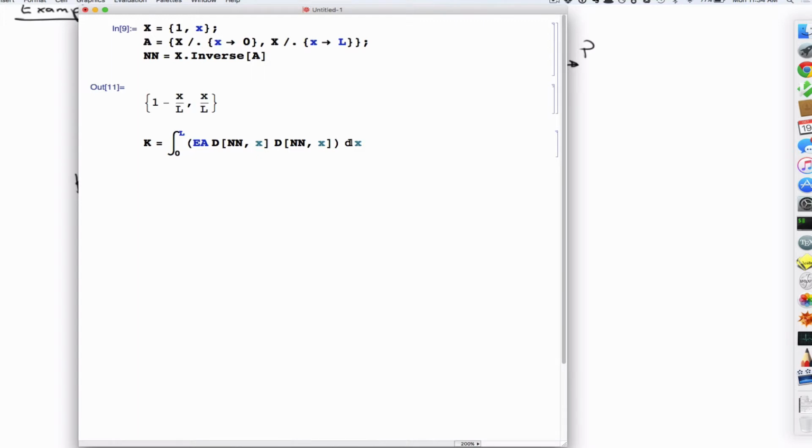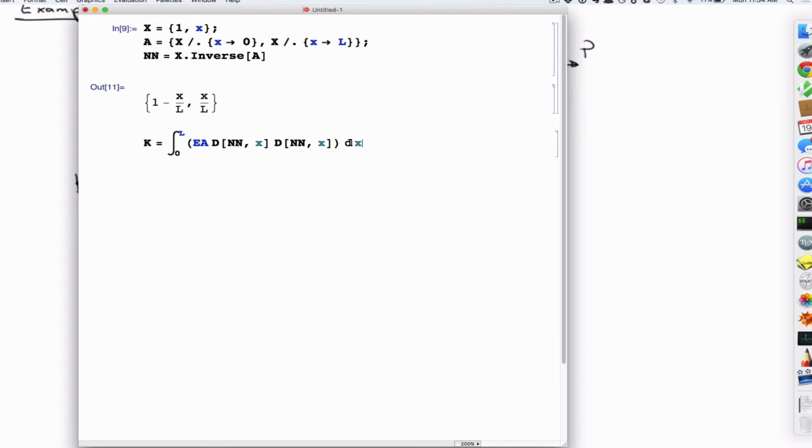Okay, but what I have there is not good enough. What I want is Kij. I want a matrix, right? If I just do what I have there, dnn dx is going to give me a vector, and dnn dx is going to give me a vector, and when Mathematica just sees two vectors, it's just going to multiply them element-wise. So I'm just going to get a vector out of that. That's not what I want.